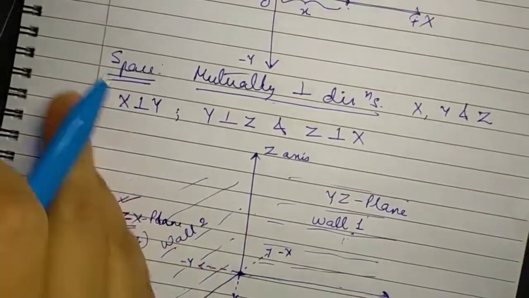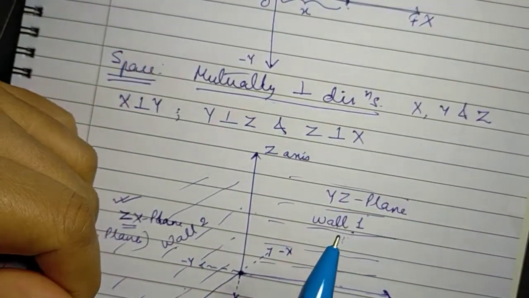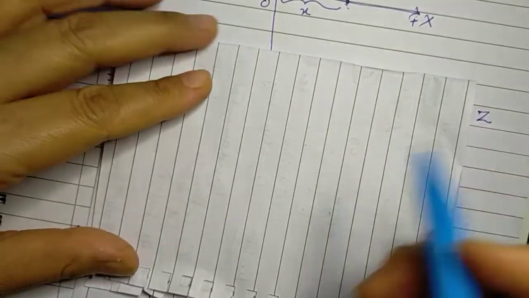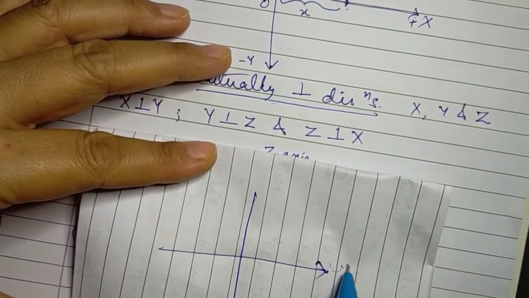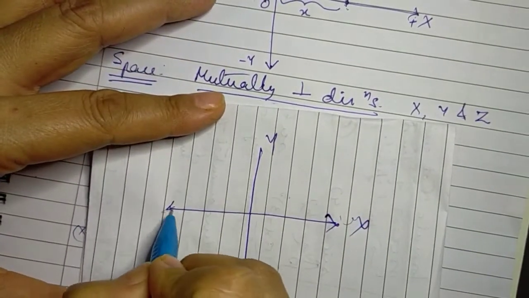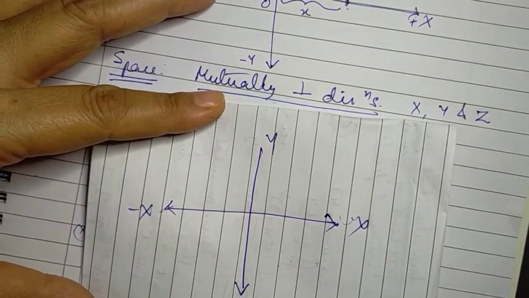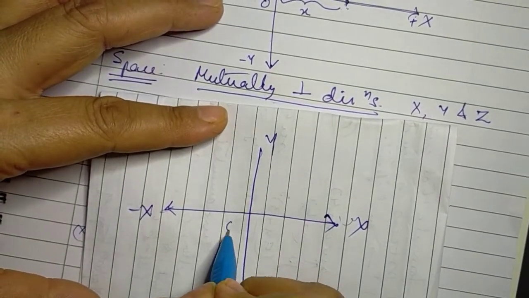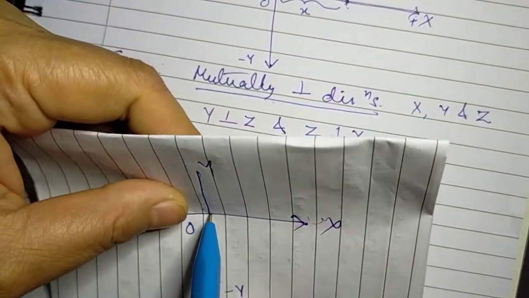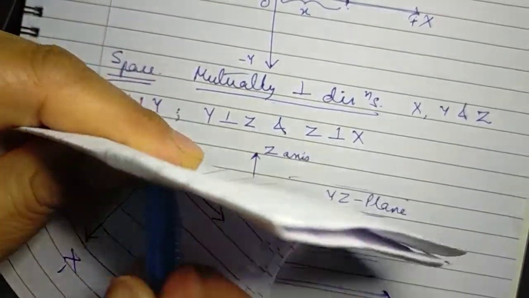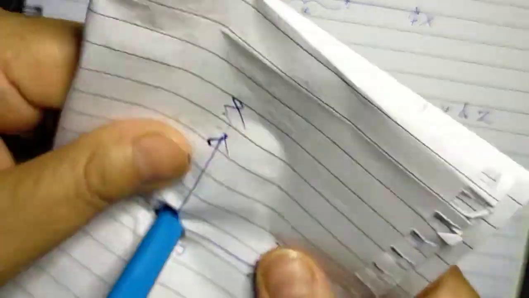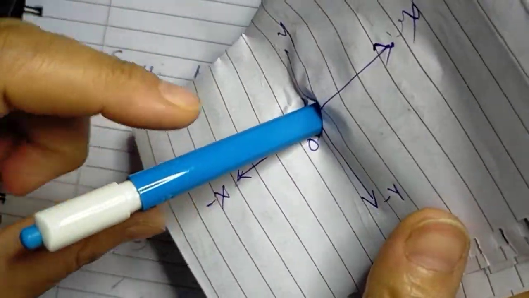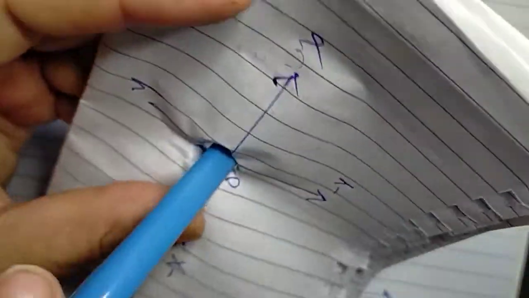Now I'll just quickly show one more thing to you. If I have a small paper like this which represents a plane, and this is the x-axis, this is the y-axis, this one will be minus x-axis, this one will be minus y-axis, and this is the origin. If I insert this pen through this paper, what do you observe? This line is exactly perpendicular.